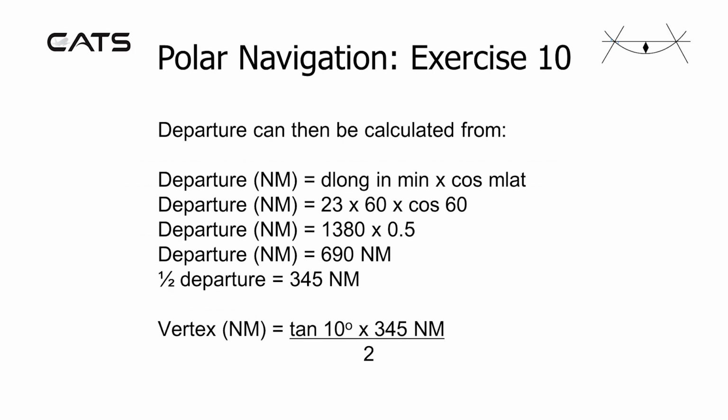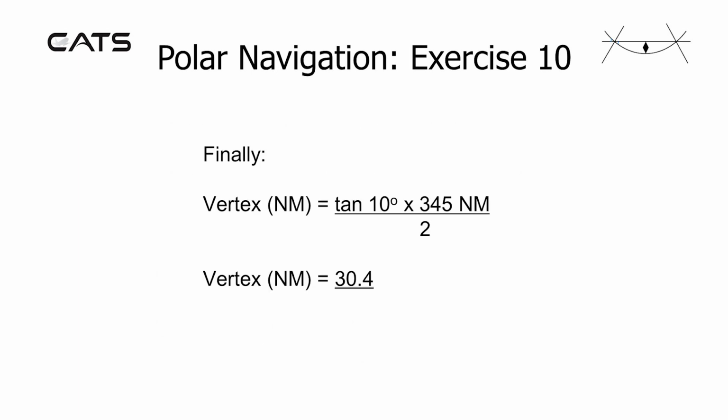Departure by calculation between the 2 points of longitude is 345 nautical miles when it's been multiplied by half. Multiply by the tan of 10 by 345, divide this by 2 to get 30.4 nautical miles.